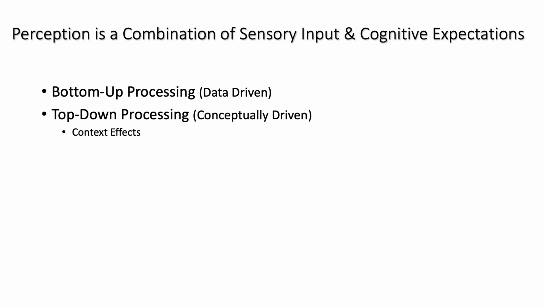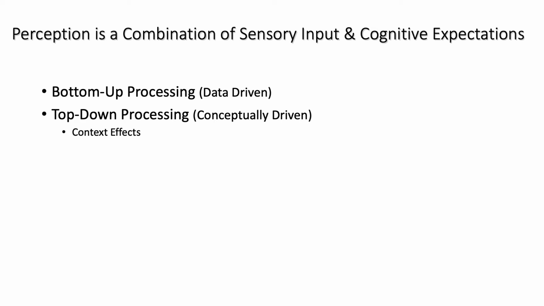So in this situation, you don't have any top-down processing going on. You only have bottom-up processing. You're processing data from the world until you have enough of it to decide what it is you are perceiving. This is a pretty rare situation in real life. Most of the time, you have both data from the world and a context or conceptually driven processing going on.